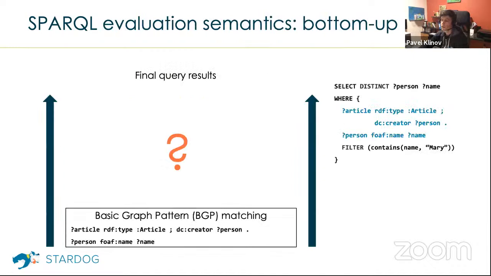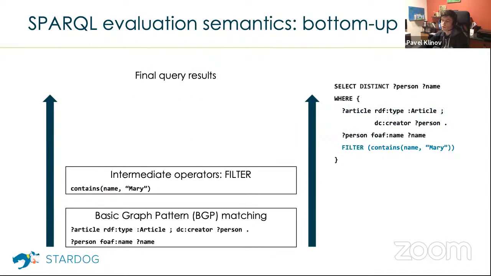So this pattern is matched against the graph. Once that's done and the results start flowing from the bottom up, the next thing which happens is the filter, which will evaluate the string function contains on every name which is matched in the graph, and let only those tuples where the name contains the string Mary proceed.